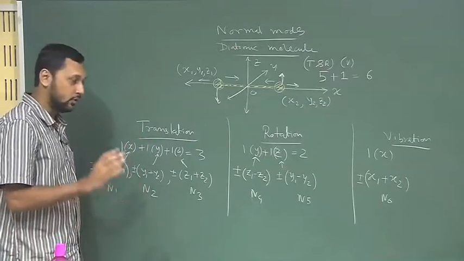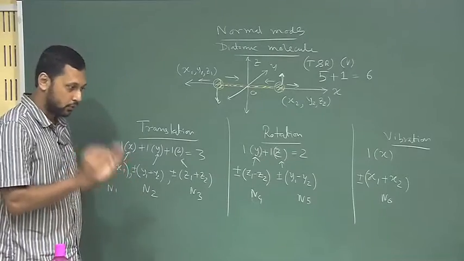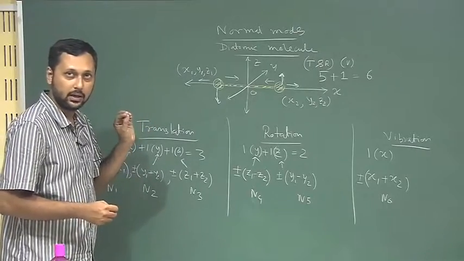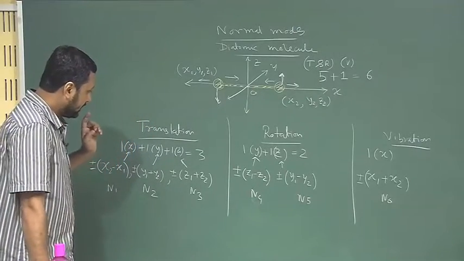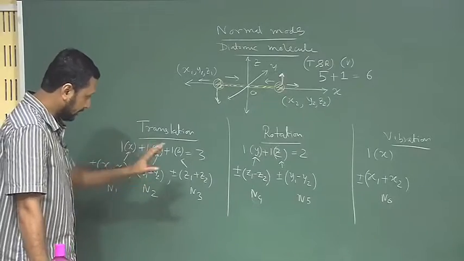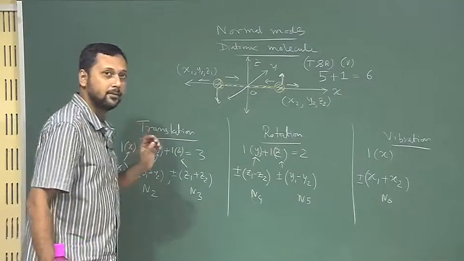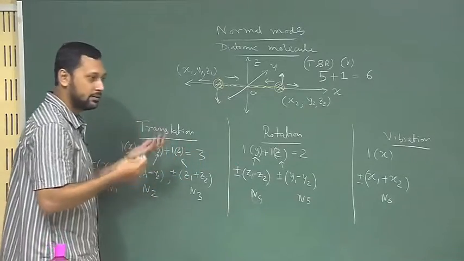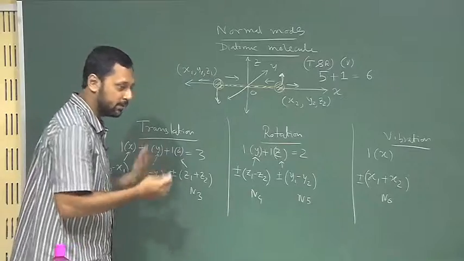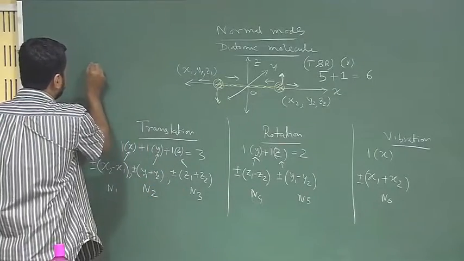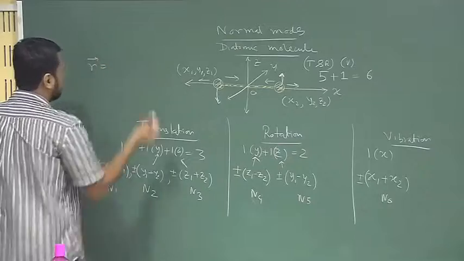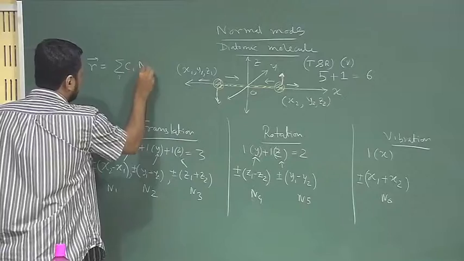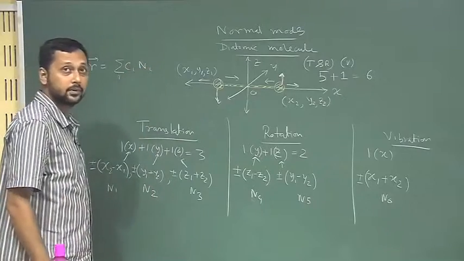The point is, I can find a combination of coordinates which will purely talk about one particular type of motion. And that is what we have done here. Any general motion, which is a combination of rotation, translation and vibration, can be represented by a coordinate r, which is a linear combination of these N's.